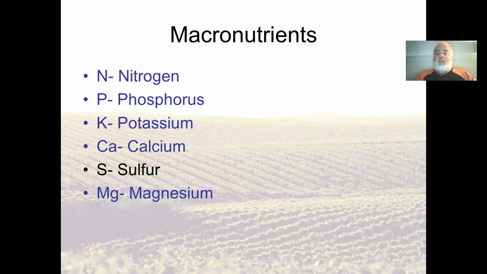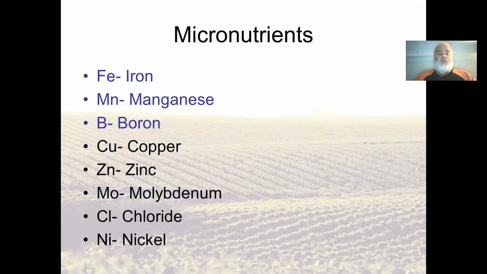It is often added to a complete fertilizer, but not always. And sulfur is not required to be complete. So the 3 NPK, and calcium, sulfur, and magnesium as the second 3. Those are the macronutrients. And then there are 8 micronutrients: iron, manganese, boron, copper, zinc, molybdenum, chloride, and nickel.